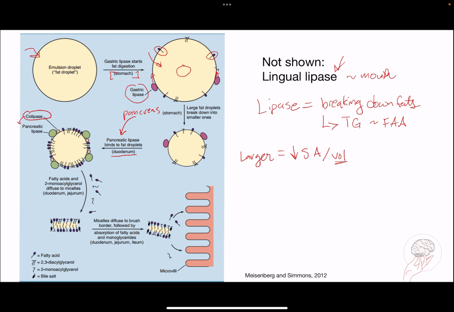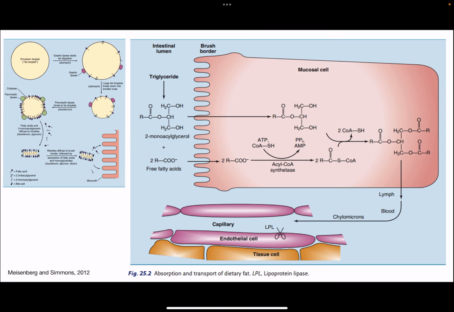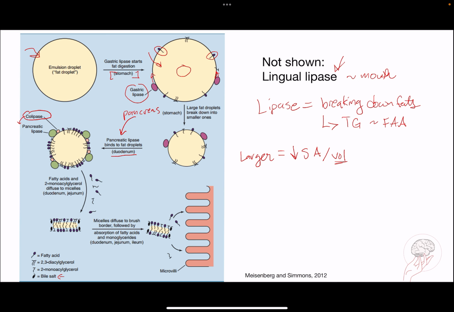And so bile acids here, they're called bile salts, but these are going to further break down this slightly smaller fat droplet into fatty acids, into 2-monoacylglycerol.